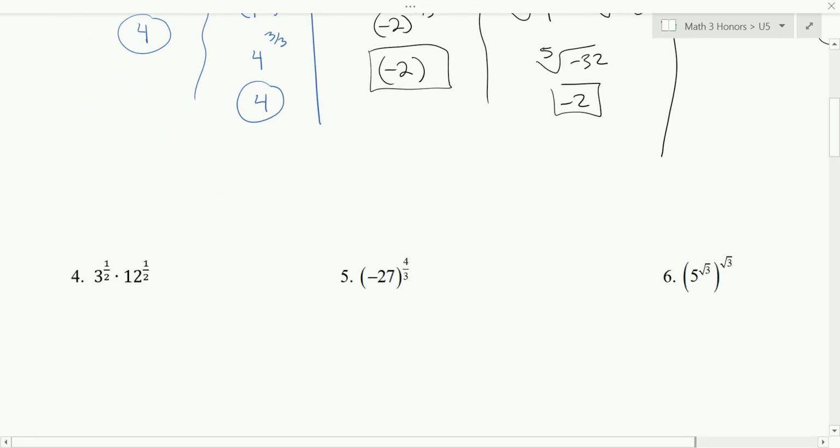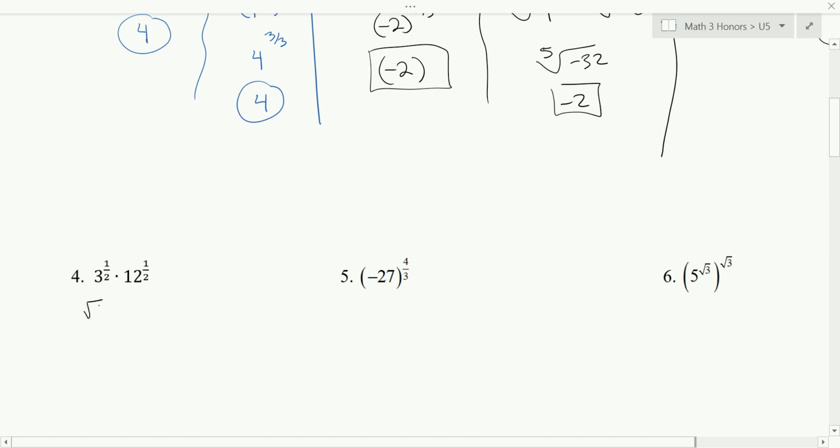So on number 4, we have 3 to the 1/2 times 12 to the 1/2. If the bases are different, but the exponents are the same, can we simplify that any further? What does 3 to the 1/2 mean if we changed it to radical form?